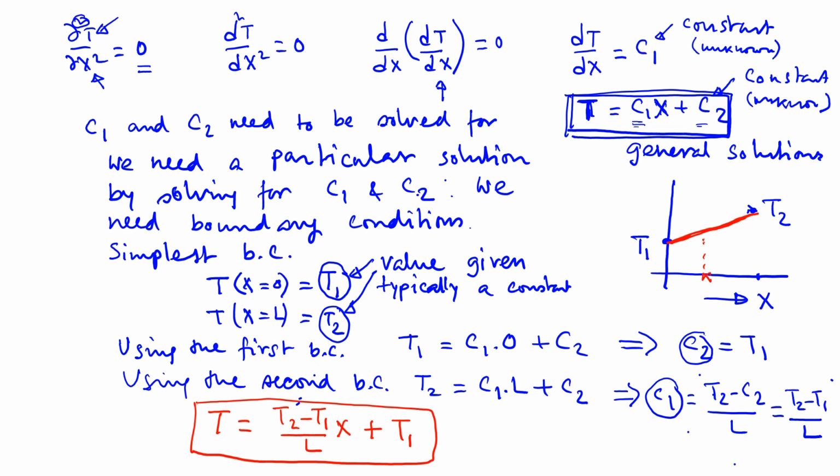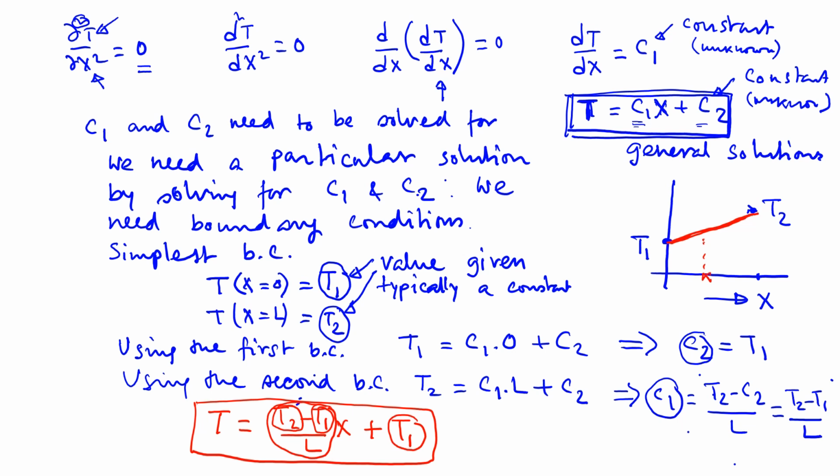You notice that T2 and T1 are given constants, so this whole thing is known, and T1 again here is known. This is absolutely the simplest situation, and we're not typically going to have a more complex situation than this.